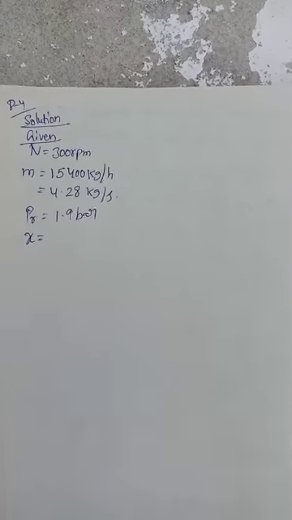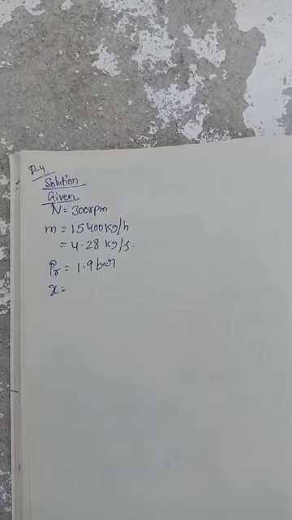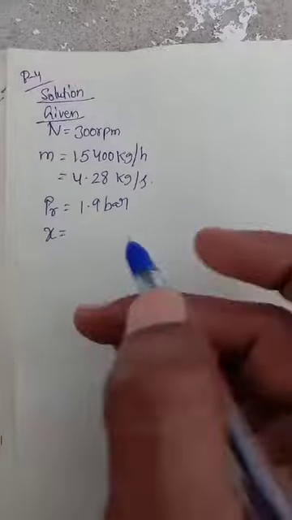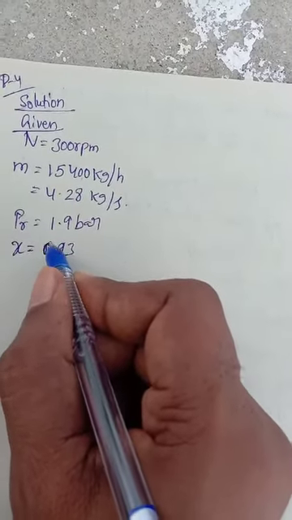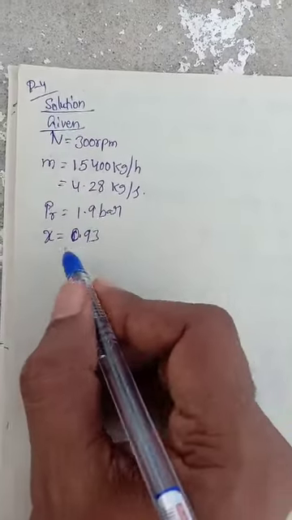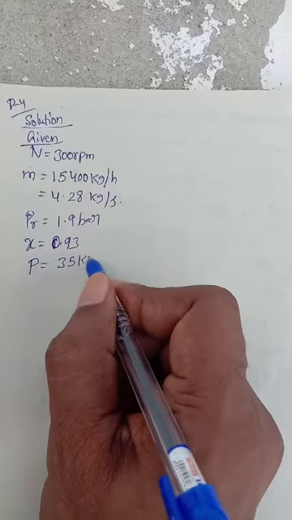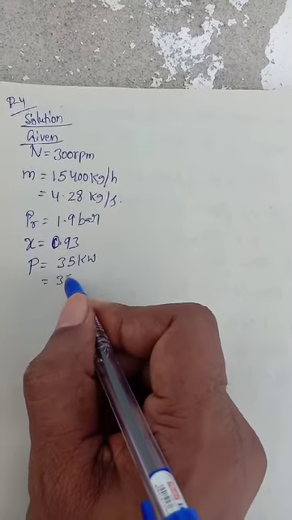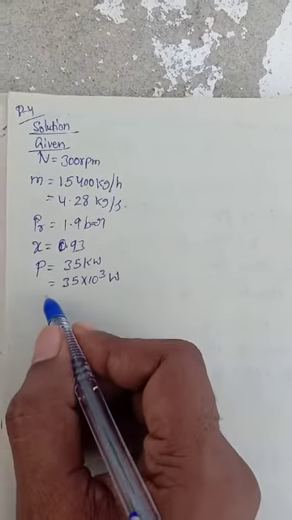Dryness fraction is given, 0.93. Power is given, P is 35 kilowatts, then 35 into 10 to the power of 3 watts.